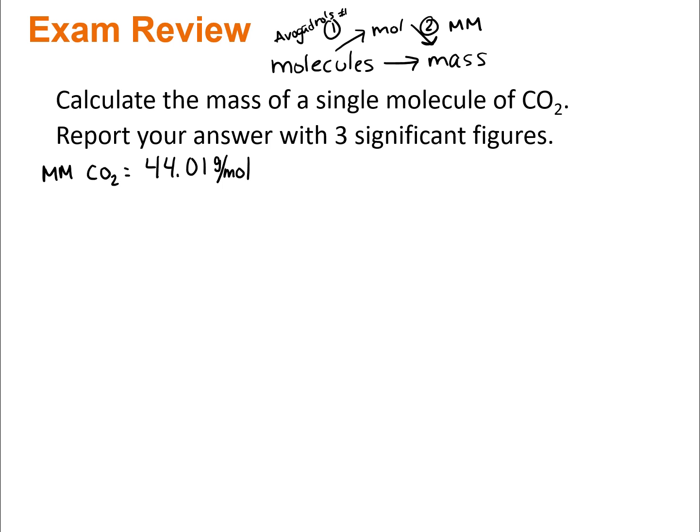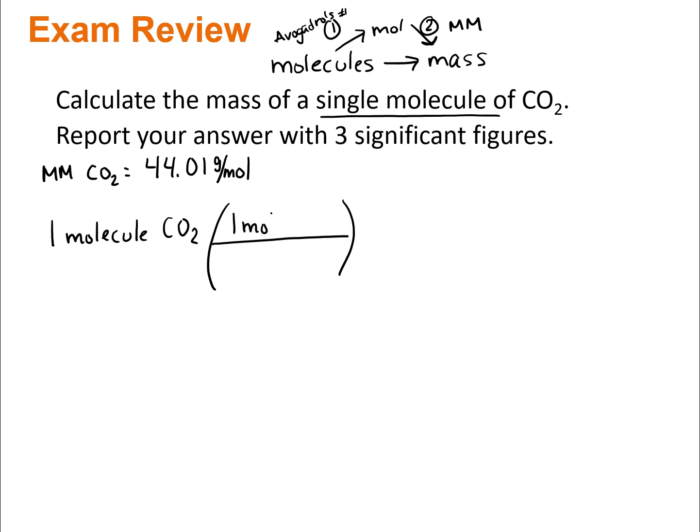Now we need to set up our equation. A single molecule means that we have one molecule of CO2. One very lonely molecule. We're going to convert that to moles using Avogadro's number.